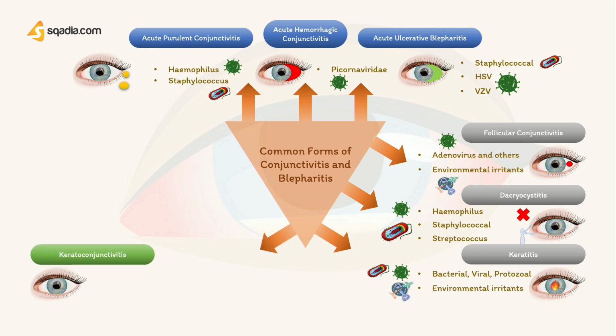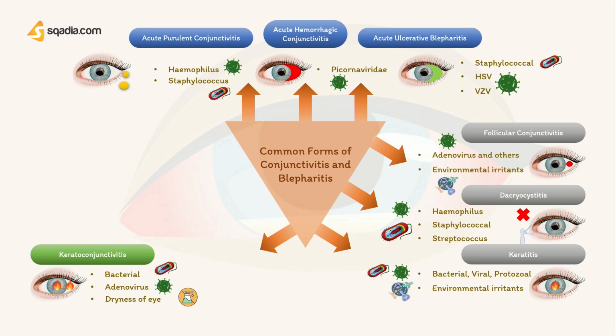Now, as the name indicates, we have the inflammation of the cornea alongside the inflammation of the conjunctiva. The causative agents would include bacterial, viral, specifically the adenoviruses, or other causes, including dryness of the eyes, which can ultimately result in keratoconjunctivitis.